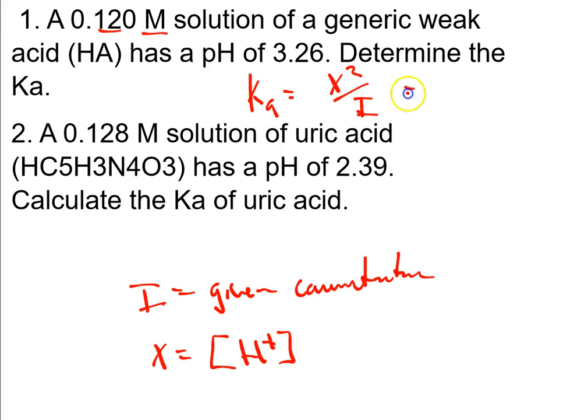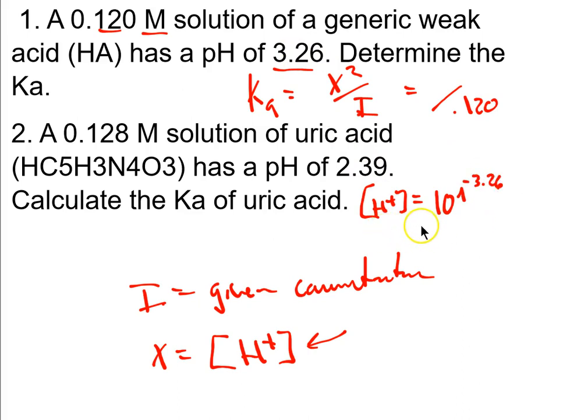So Ka equals something over 0.120, and X is equal to the concentration of H plus, which was not given to me, but it was sort of given to me, right? Because you can find H plus if you know the pH. H plus concentration is equal to the inverse log, which is 10 raised to the negative pH.